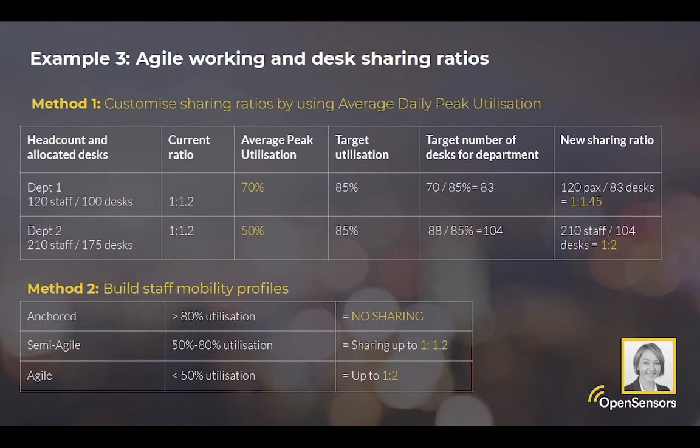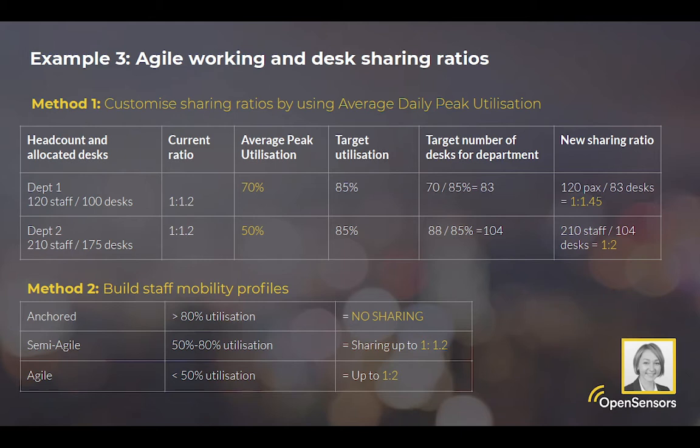Here I just wanted to very quickly show you a couple of techniques of using the utilization data to adjust sharing ratios. The first method involves average daily peak utilization, which is one of the key metrics that we use at OpenSensors, and I think the rest of the industry and the large consulting firms do the same.